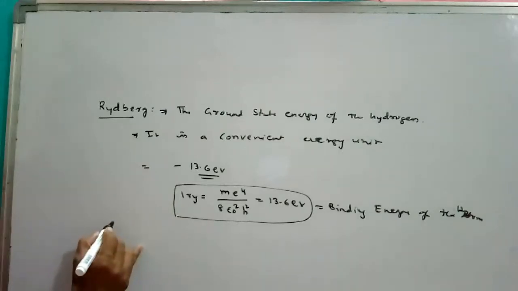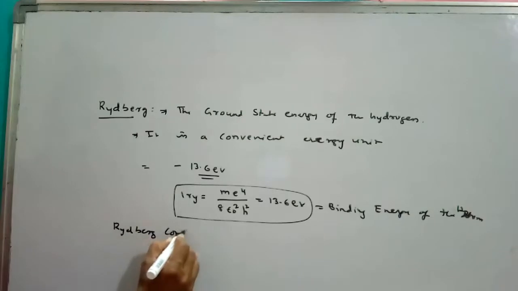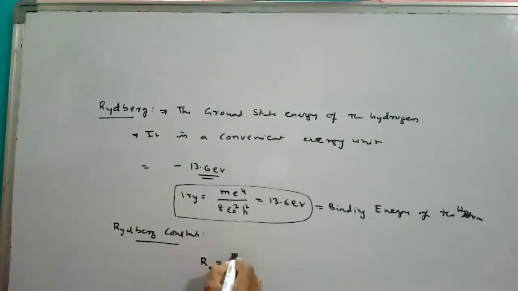Then one more I want to discuss with you, the Rydberg constant. The Rydberg constant R infinite is equal to the nth orbit energy by hc, that is equal to m e power 4 by 8 epsilon naught square c h cube.